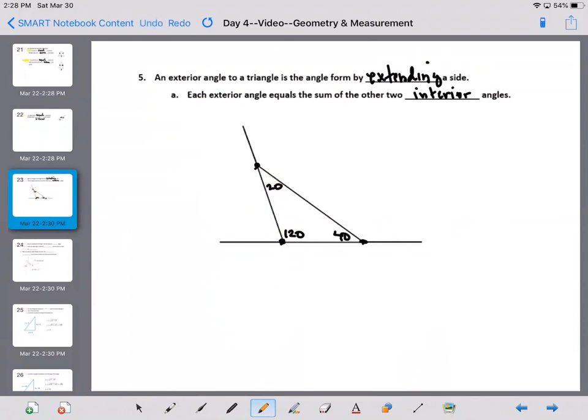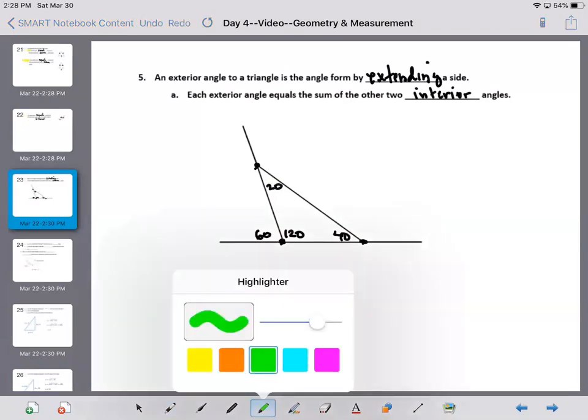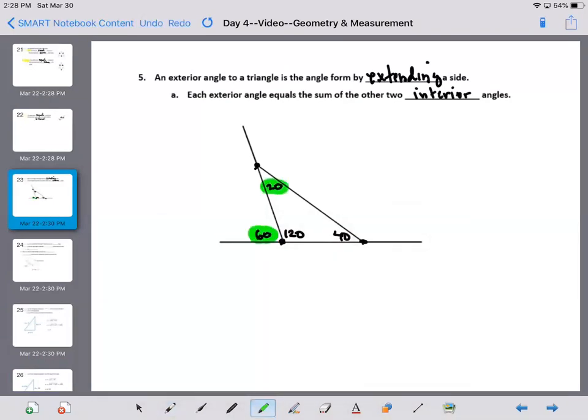And if this is 120, then this one has to be 60. And if this one's 60, what's 20 and 40 added together? It's also 60. So any of those exterior angles will be the sum of the two remote interior angles.